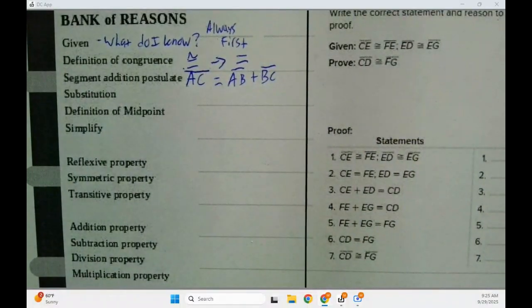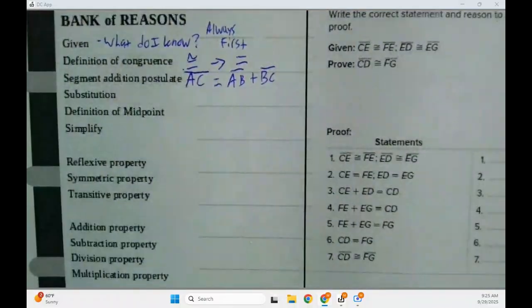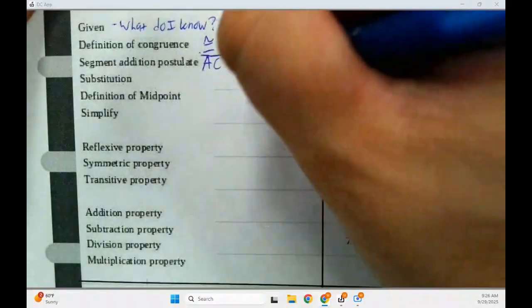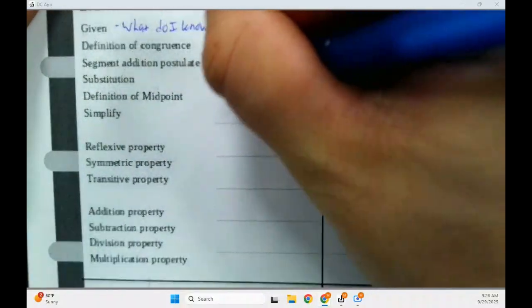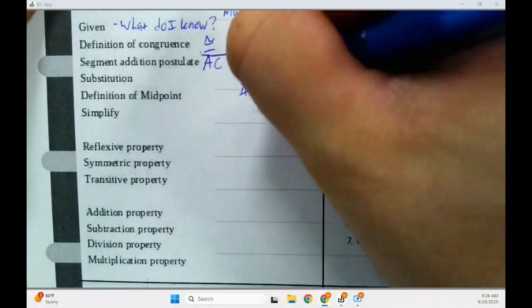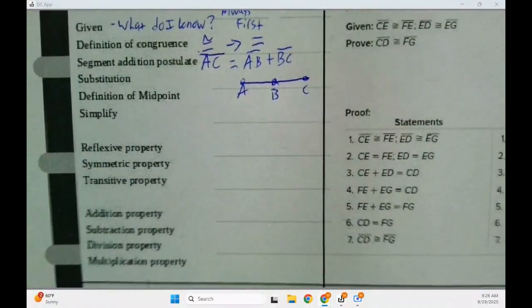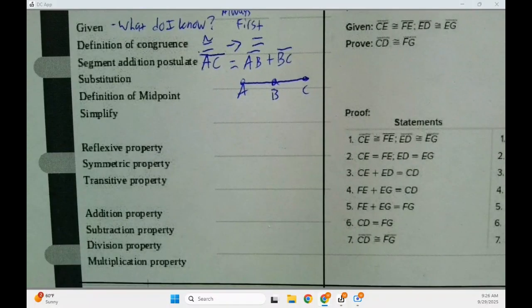I'm going to draw the picture here: here's A, somewhere in the middle is B, and then C is at the very end. I can take A to B plus B to C and get all the way across from A to C. We call that the segment addition postulate. Postulate's a fancy word. It just means a reason that we don't prove but makes sense.